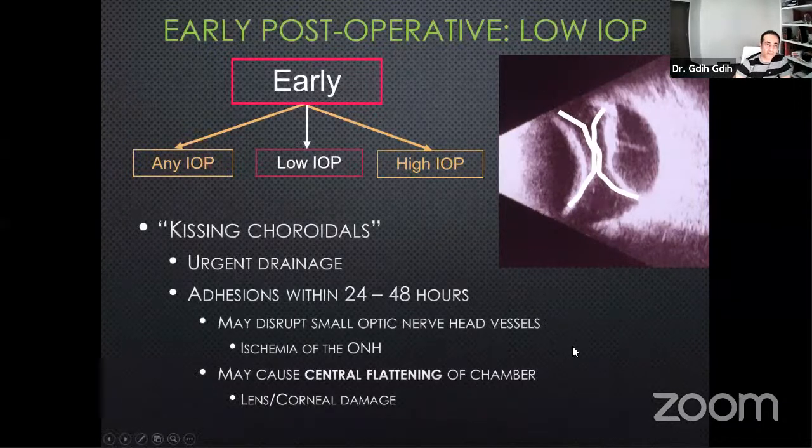They believe that 50% of them resolve without surgical intervention. Theoretically, adhesions can happen from 24 to 48 hours when they touch like that. It may disrupt small optic nerve head vessels, so you can have ischemic optic neuropathy. It may cause central flattening of the chamber, and lens or corneal damage.